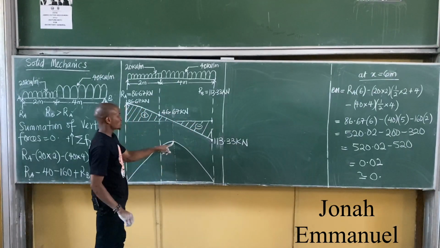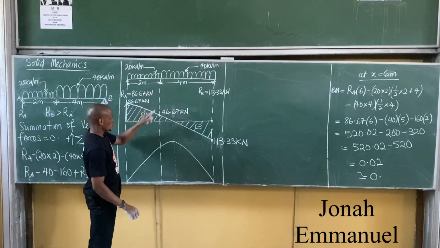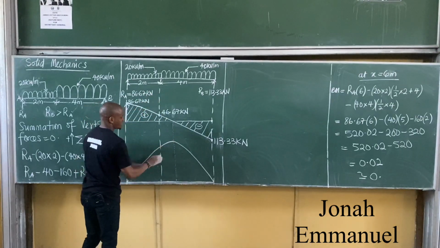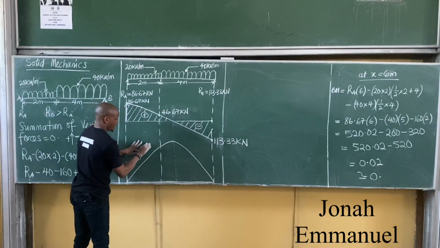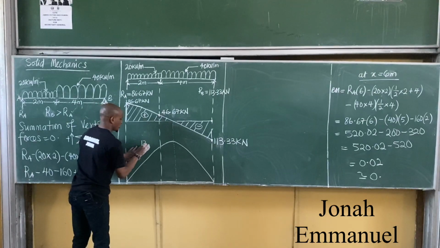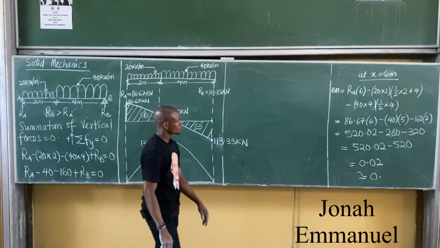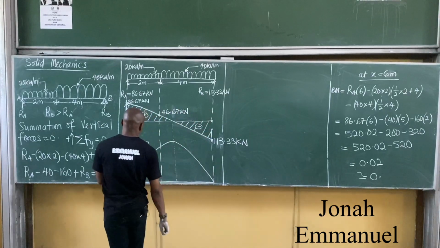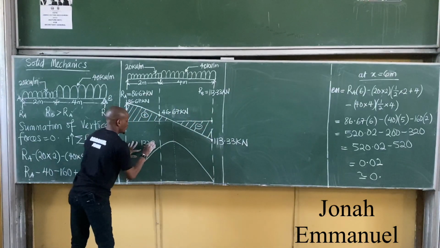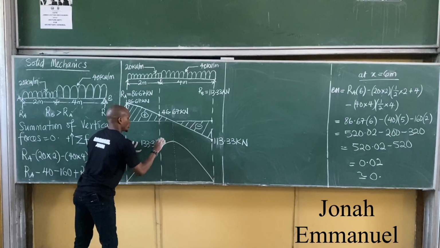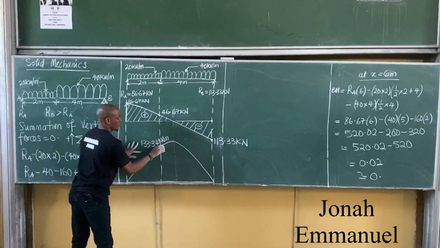At this point, at x equal to 2, what's the bend moment value? 133.34 kilonewton meter. That was at this point here.